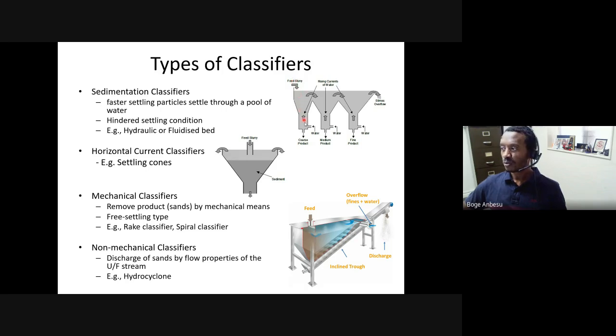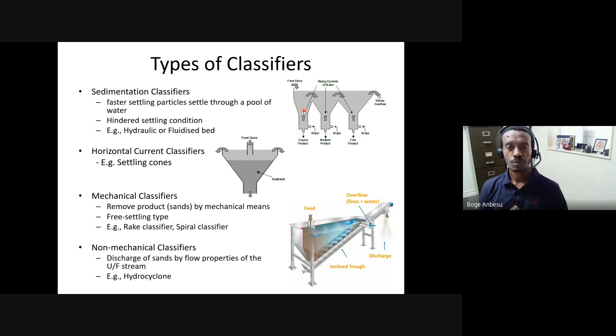What we normally use is water going against the feed. Feed comes from the top, and water goes against the flow of the feed. As we discussed last week, if particles can resist the upward flow of water, they can settle through that, and they can be collected as a coarse product.